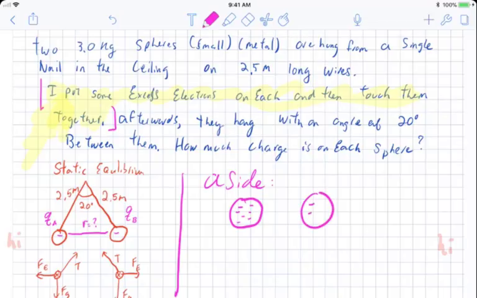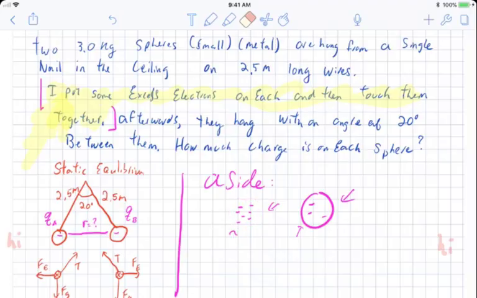So I've put a lot of electrons on this one and not very many on this one. Those electrons are going to push each other apart on the object. We talked in class about how they're going to be distributed on the surface of it. We're going to talk more about that next week. But the idea here is all these electrons are pushing on each other, and all the electrons in this thing are pushing on each other. And so they'll move as far apart as they can.